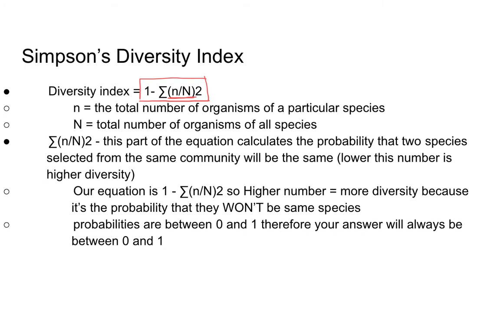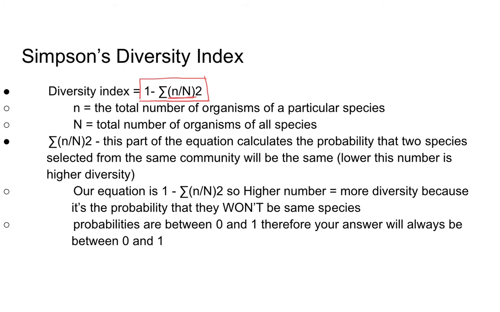That would be my number N. So you would do your division, and notice it says summation. So literally you would do this calculation for every species you had. So if you had 4 different species, you would do this calculation for each one of them that's represented. We do have an example coming, so don't worry about that too much.